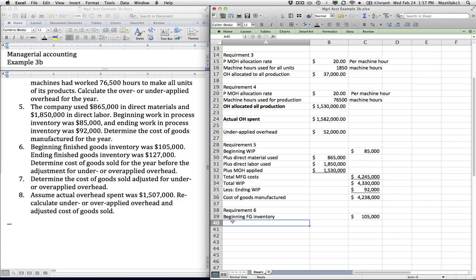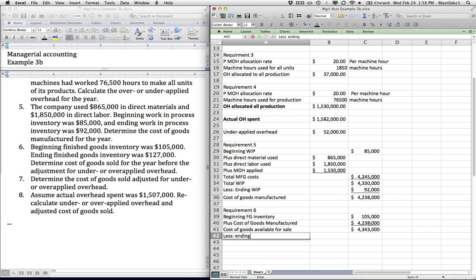We're going to add to that our cost of goods manufactured, $4,238,000, and so our cost of goods available for sale is $105,000 plus the $4,238,000, or $4,343,000.